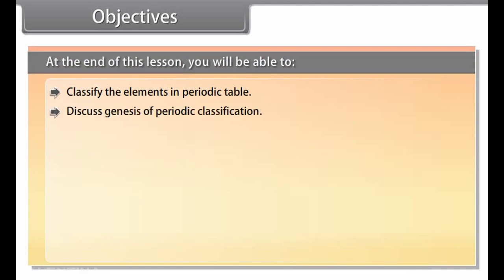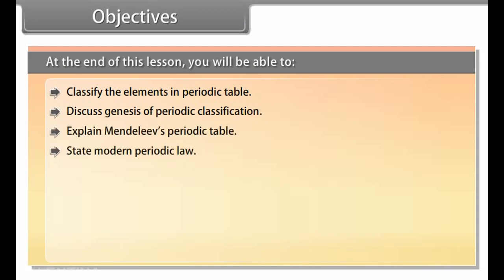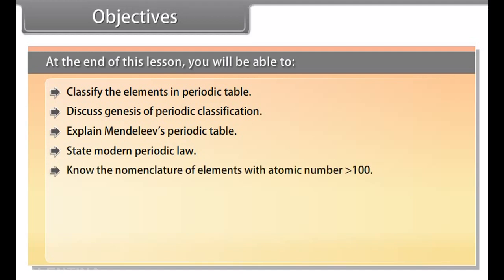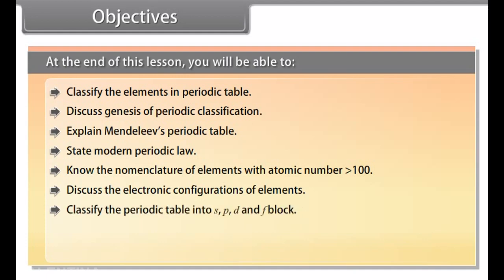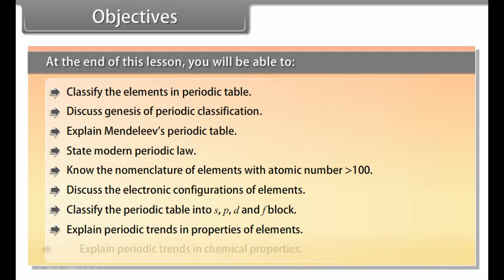At the end of this lesson, you will be able to classify the elements in the periodic table, discuss the genesis of periodic classification, explain Mendeleev's periodic table, state the modern periodic law, know the nomenclature of elements with atomic number greater than 100, discuss the electronic configurations of elements, classify the periodic table into S, P, D and F blocks, explain periodic trends in properties of elements, and explain periodic trends in chemical properties.